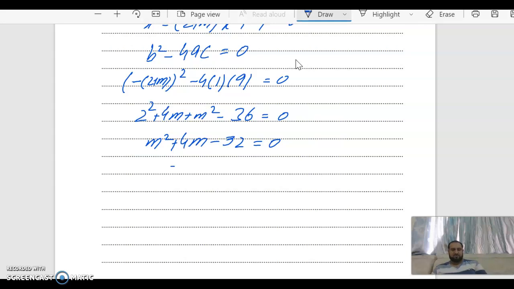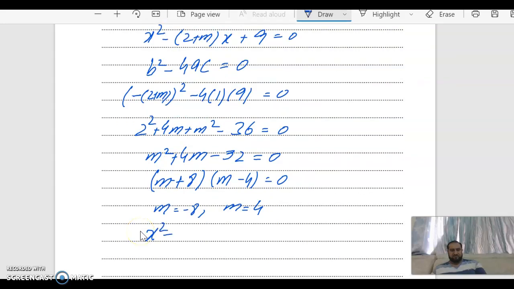So m squared plus 4m minus 32. The factors will be (m plus 8) and (m minus 4) is equal to 0. So m will be equal to negative 8 or m is equal to 4. So we come up with two values of m.